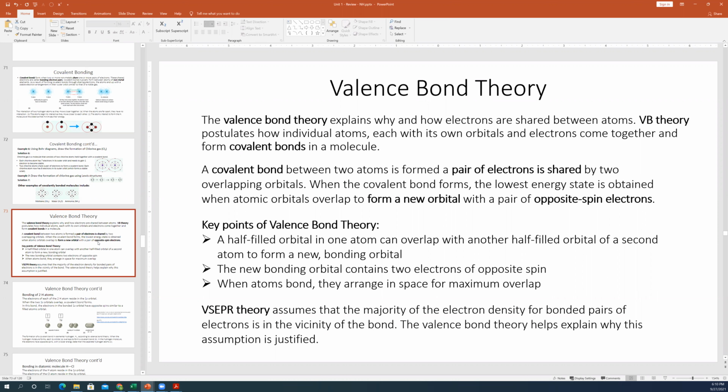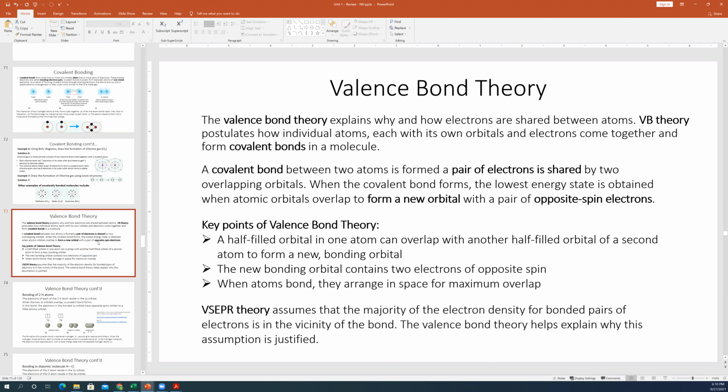The 2 atoms don't donate ions to each other as in an ionic bond. One doesn't donate and one doesn't receive, but rather it's a sharing. So a bond is formed by the sharing and by the overlapping of their orbitals.